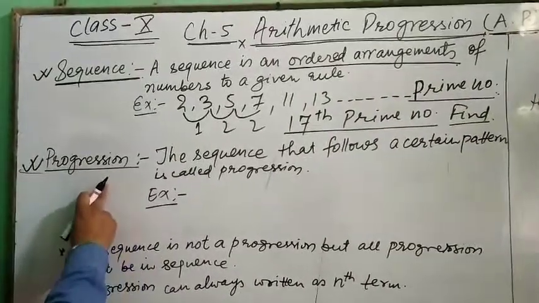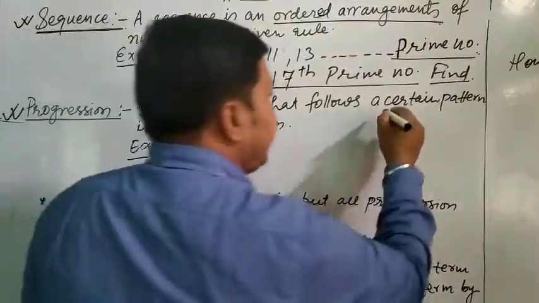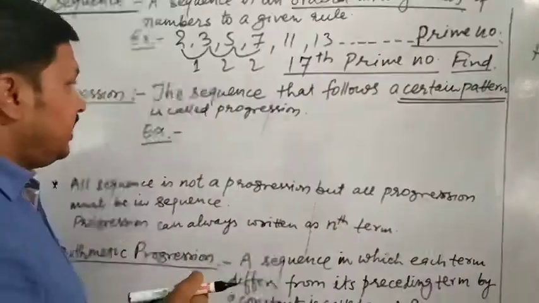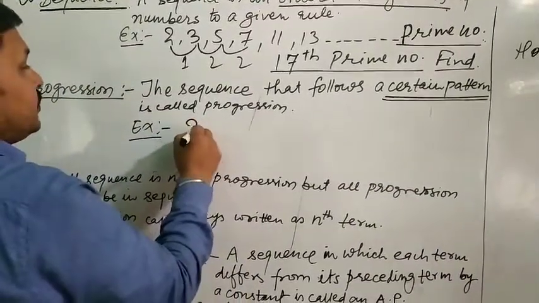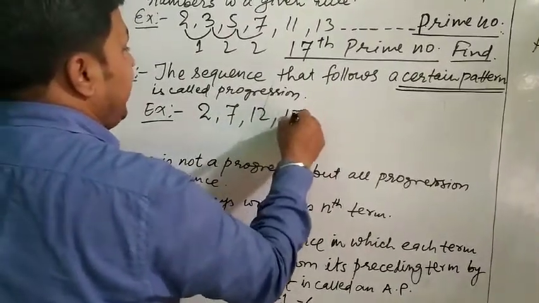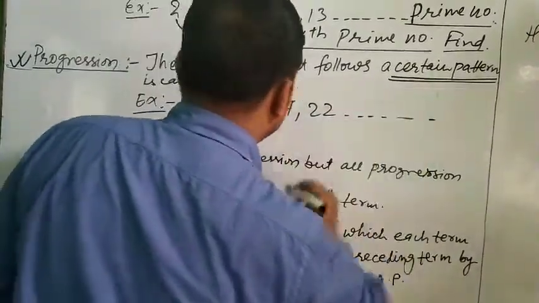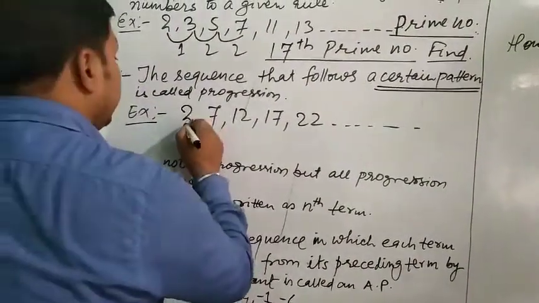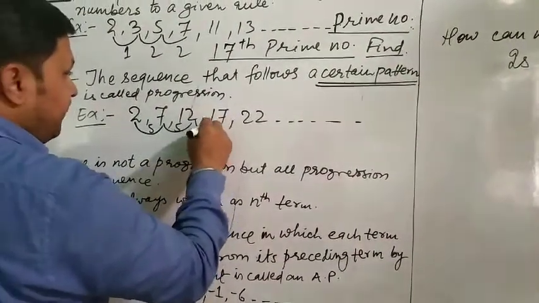But in the progression, the sequence that follows a certain pattern, which can be found by a certain pattern, is called a progression. For example, 2, 7, 12, 17, 22, and this is your progression, because the difference is 5.